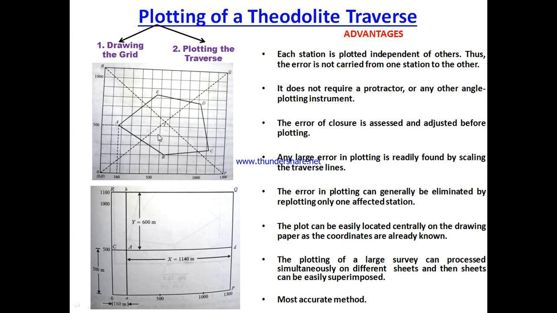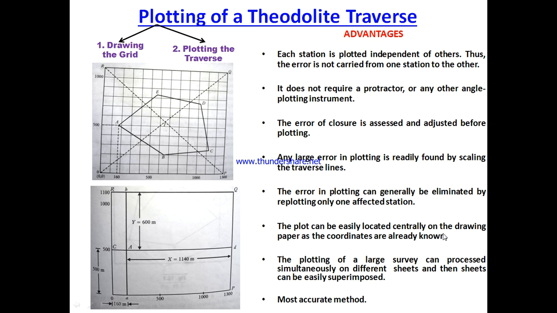The error of closure is assessed and adjusted before plotting itself. In the previous method we get the error after plotting the traverse, but here we can assess the error of closure and correct it before plotting. Any large error in plotting is readily found out by scaling the traverse line while plotting the grids.